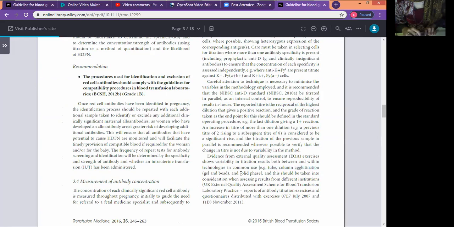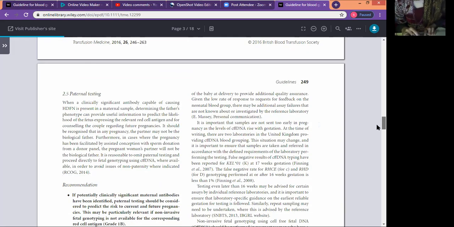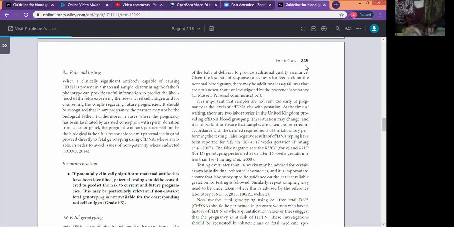Whether it was gel, solid phase or tube testing, we need to mention that alongside the report, because the value would differ according to the different types of techniques used to titrate it. Now this was all regarding the maternal sampling.